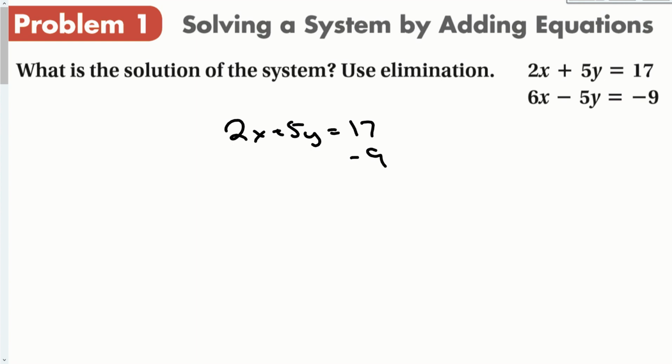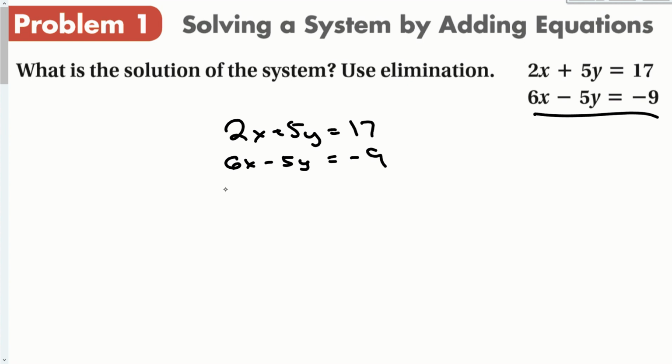Well, I could subtract 9 from both sides of this equation, which is something I'm allowed to do. But subtracting 9 from this left side here doesn't really help me. So instead of subtracting 9, why don't I add 6x minus 5y? Because isn't that, according to this equation right here, the same thing as negative 9?